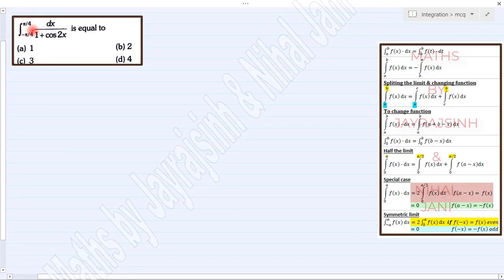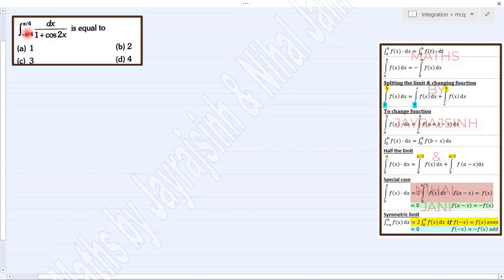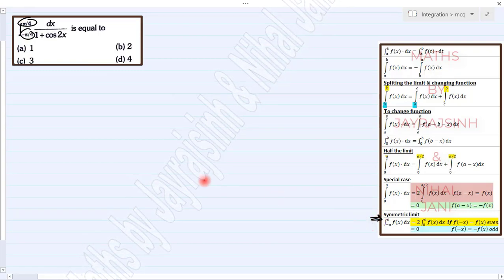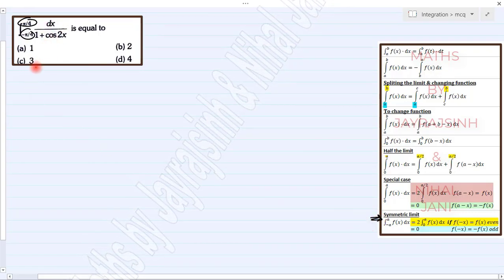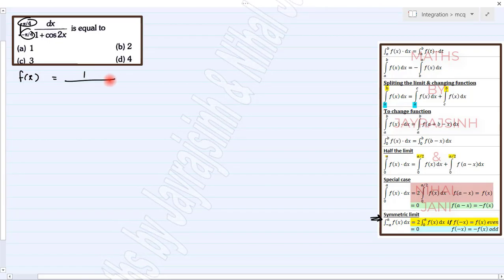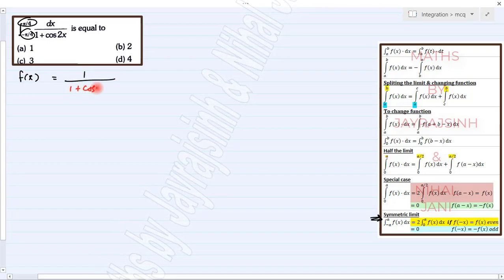Here we have to integrate 1 upon 1 plus cos 2x. Your limit is from minus pi by 4 to plus pi by 4. So we can say our limit is symmetric. So we have to check whether the function is odd or even. So first of all, let's get our function, which is 1 upon 1 plus cos 2x.